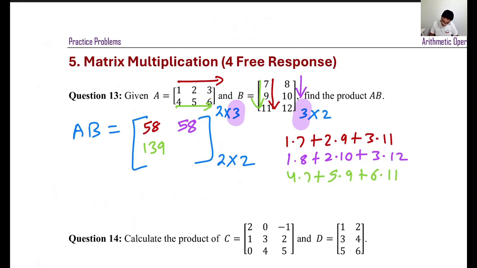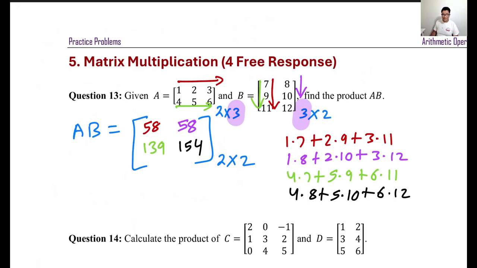And finally, 4 times 8 plus 5 times 10 plus 6 times 12. That will be 32 plus 50, 82, 82 plus 72, 154.